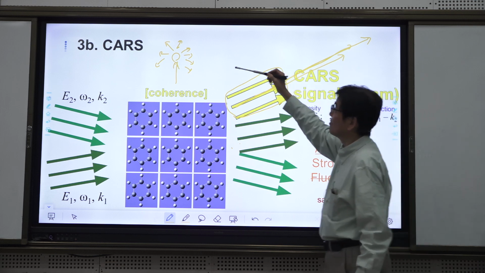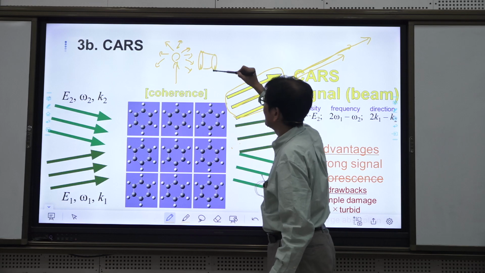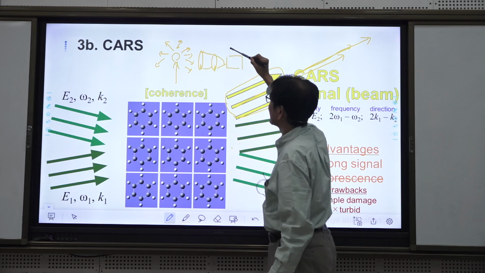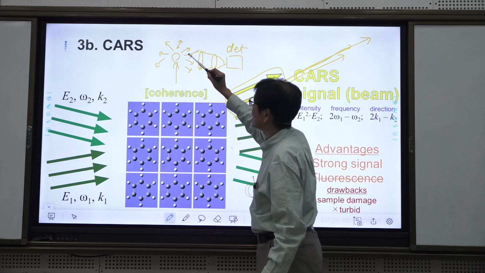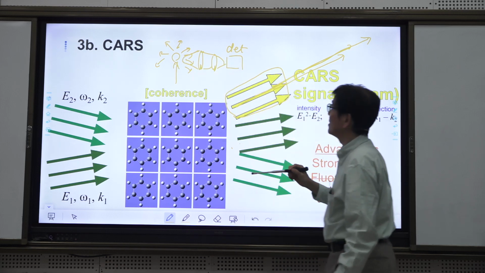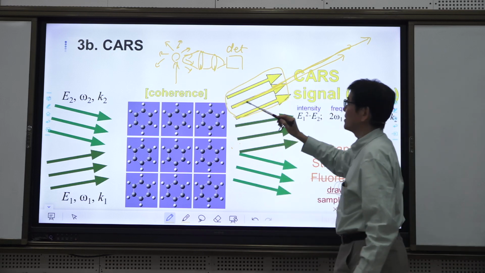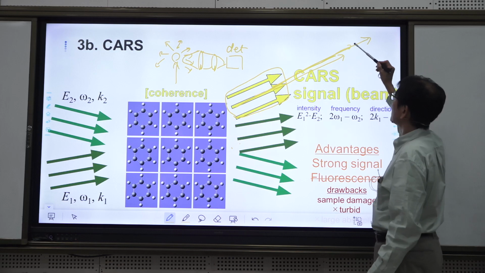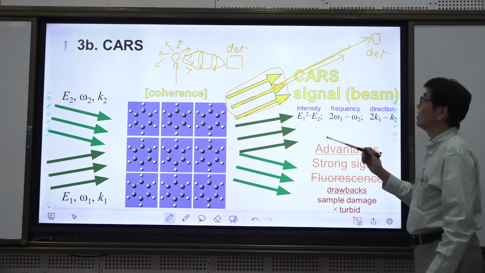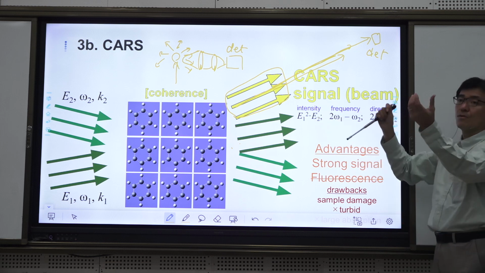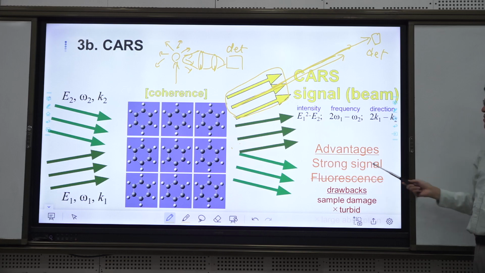So when we collect the signal and detect it with the detector, we can gather the signal only in this solid angle. But in the case of CARS, all the signal appears in this direction. So by setting the detector here, we can detect all the signal intensity. That's why the signal is strong.